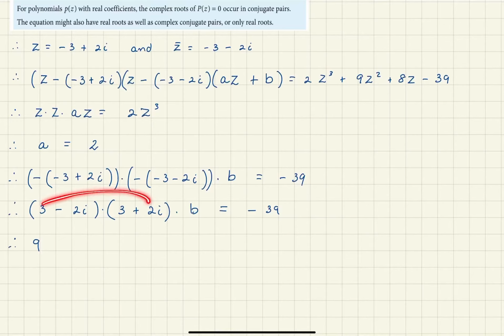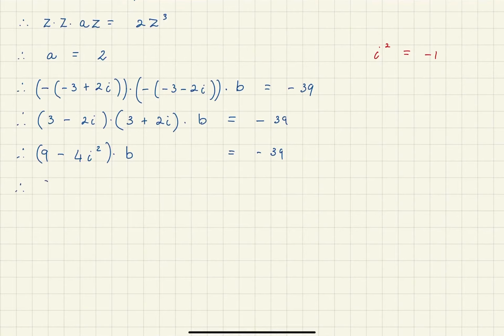So it's 3 times 2i, 6i, negative 6i, so that middle term falls away, minus 4i squared. So keep in mind, we said i squared equals negative 1, and we're going to use that in a bit. Okay, so that times b equals negative 39.